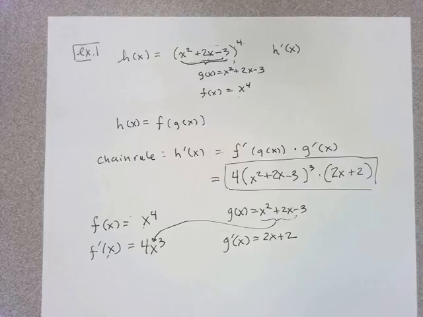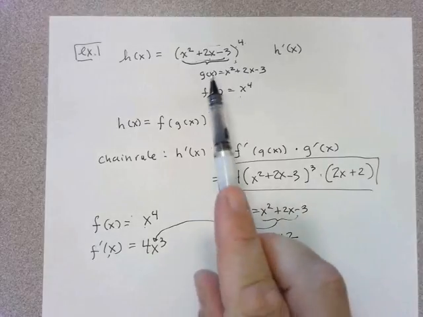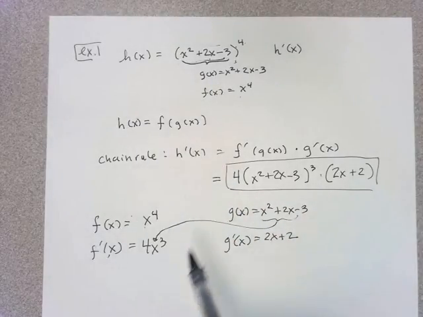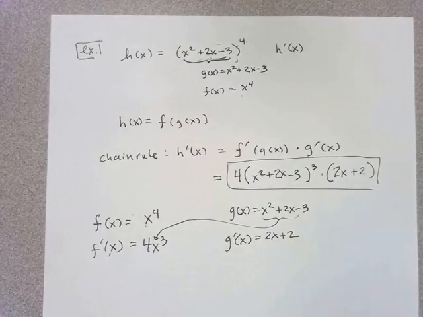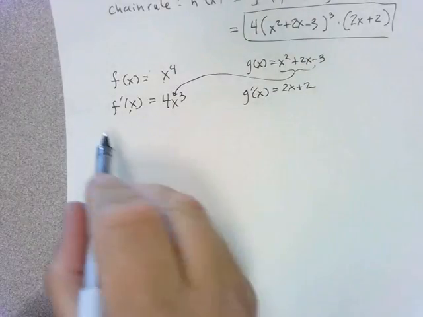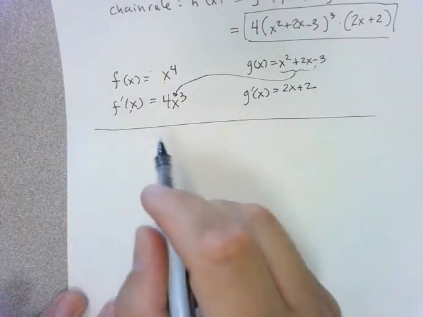And there's my answer. Now, this is extraordinarily difficult to do this way, by explicitly writing out f and g and writing down f prime and g prime. So I'm going to show you a much better way. I'm going to do the exact same problem and show you a much better notational way of attacking the problem.